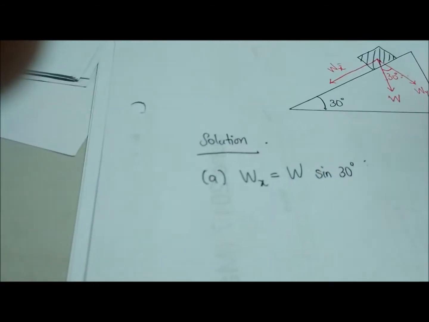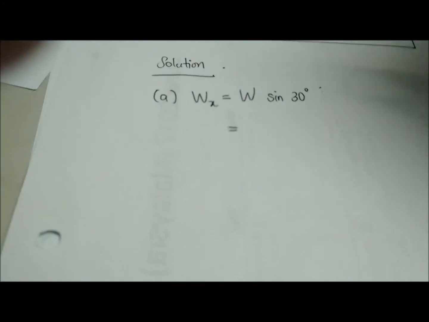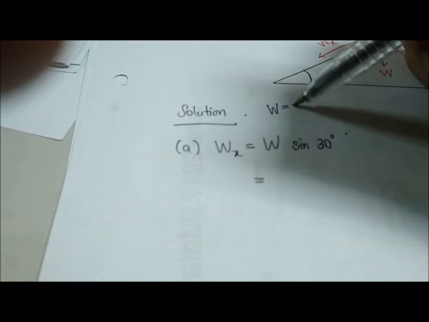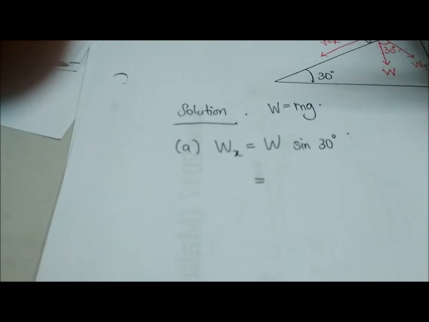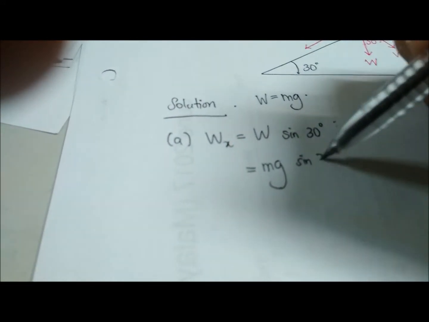So, weight W is equal to mg. So mg sine 30 degrees.